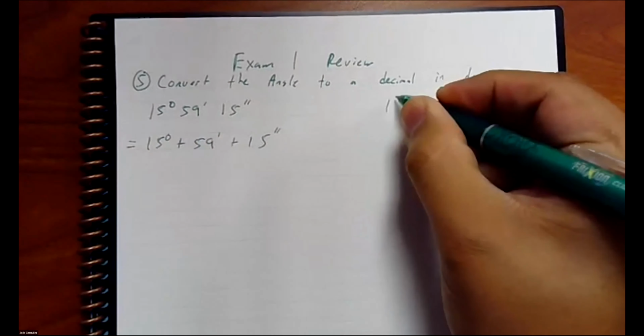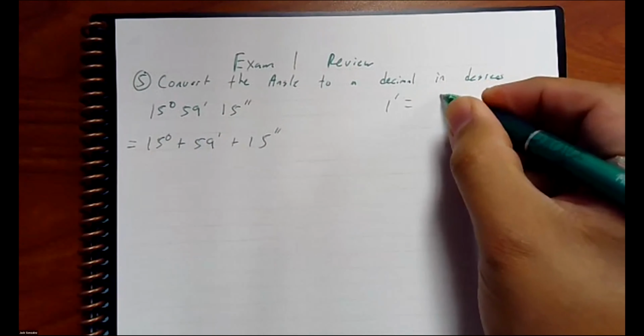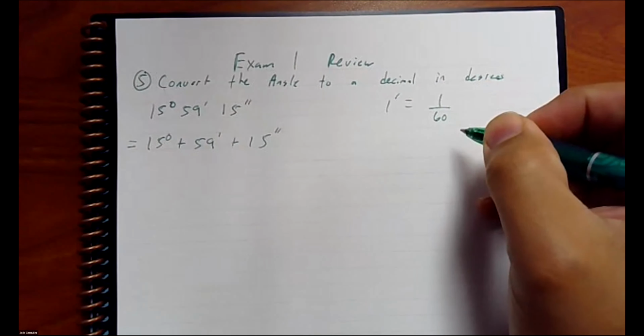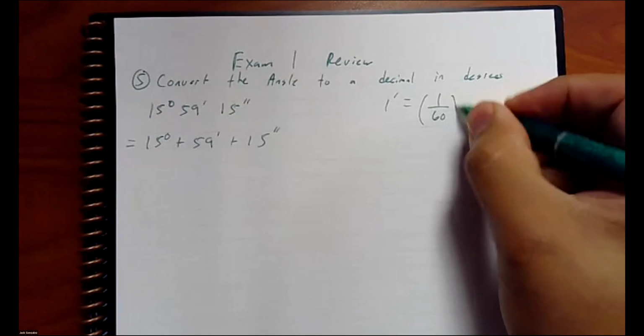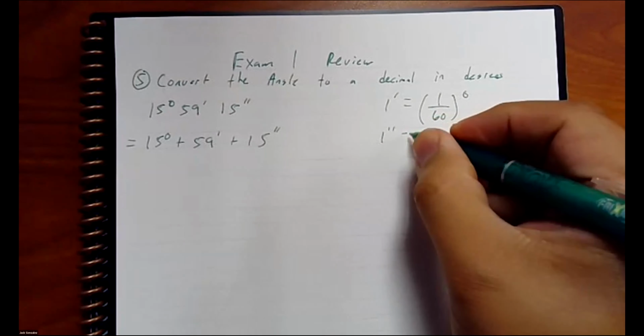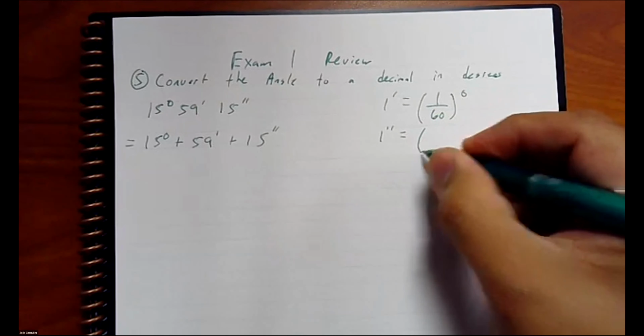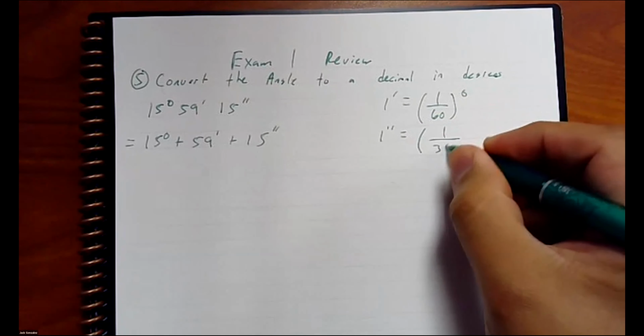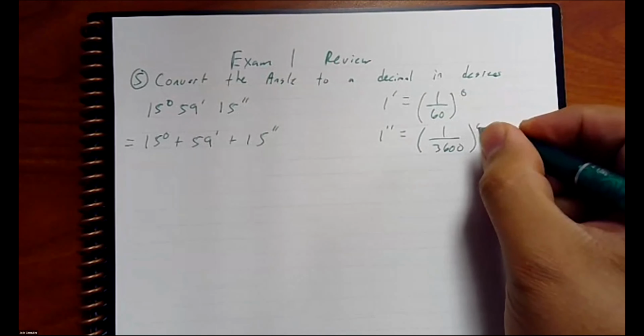And remember that 1 minute is the same as 1/60 degrees, and that 1 second is equal to 1/3600 degrees.